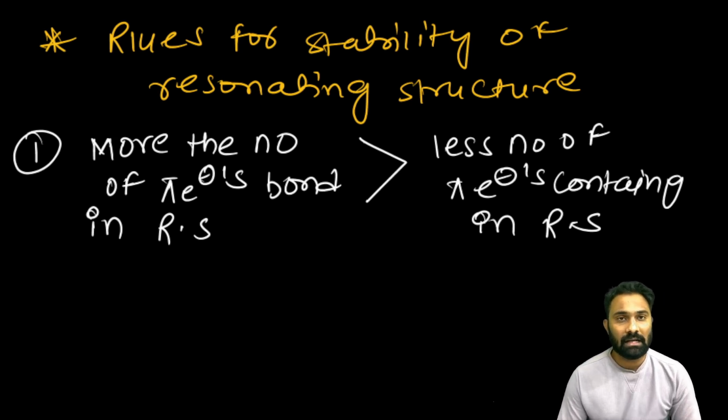More the pi electrons, more will be the stability. This is the first key point.